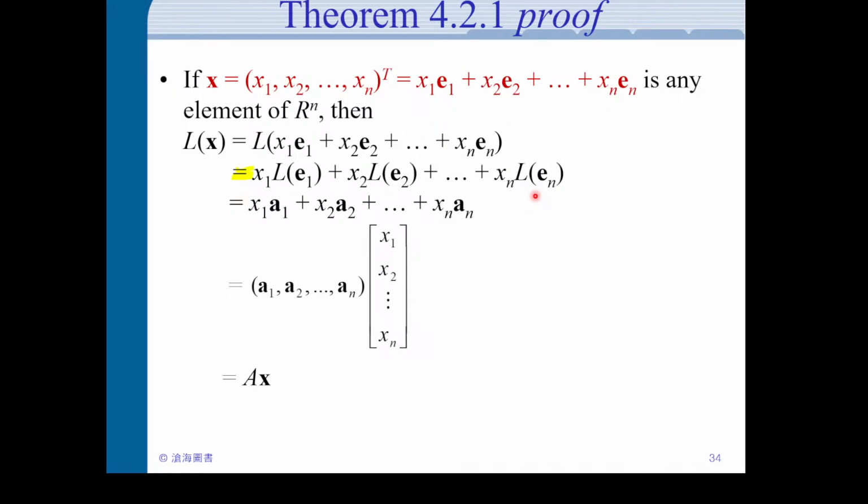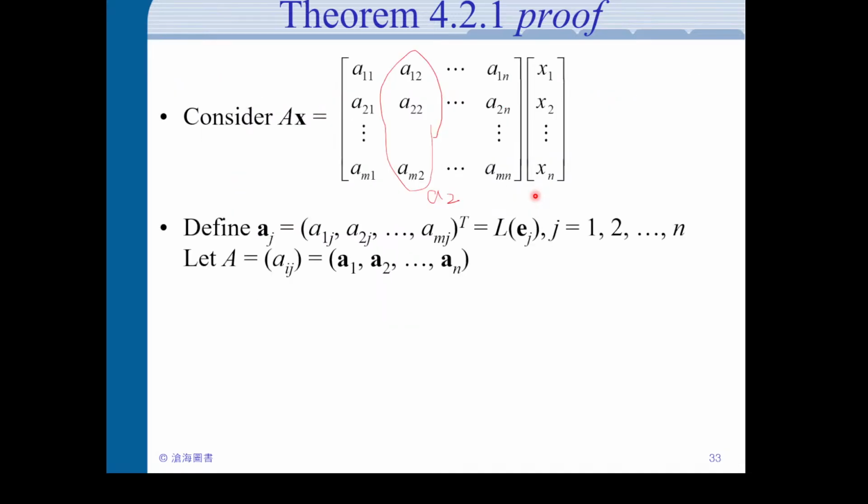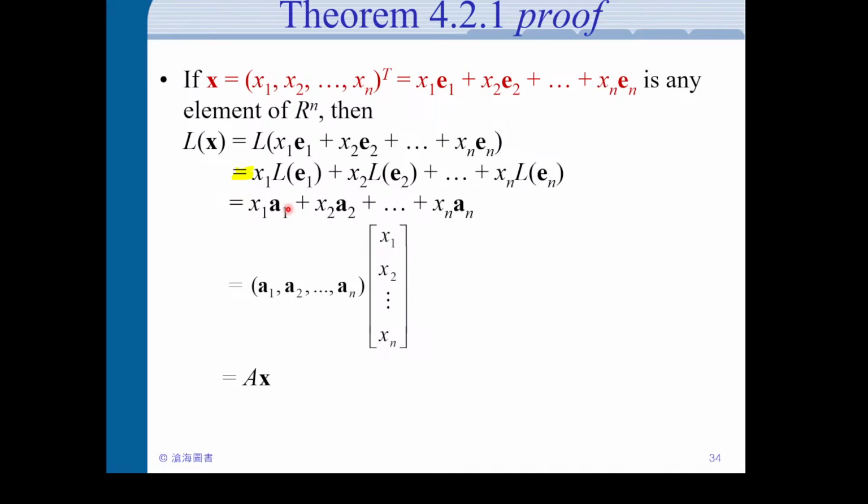And then by our definition, L of e1 equals A1, L of e2 equals A2, and L of en equals An, etc., because that's how we defined A1, A2 to An. Then we write this down in matrix form.